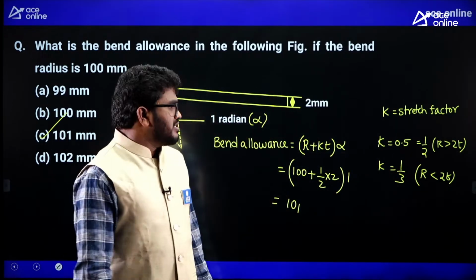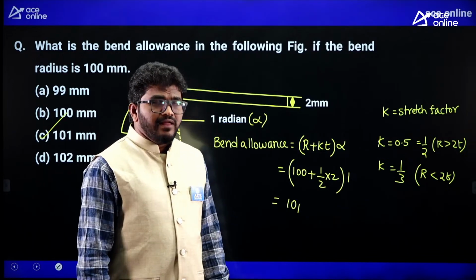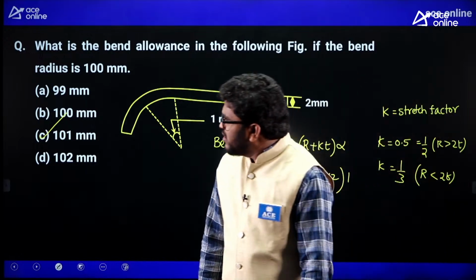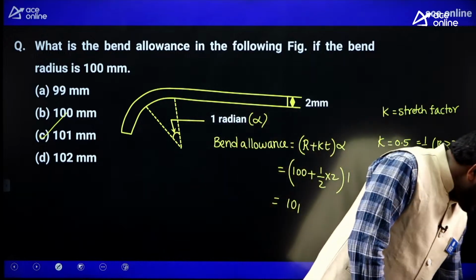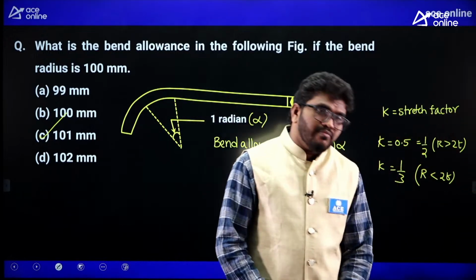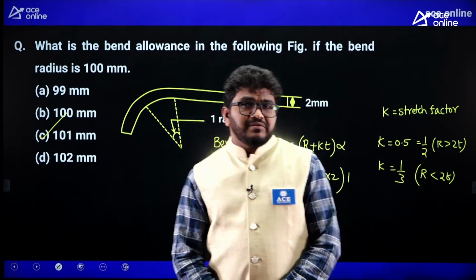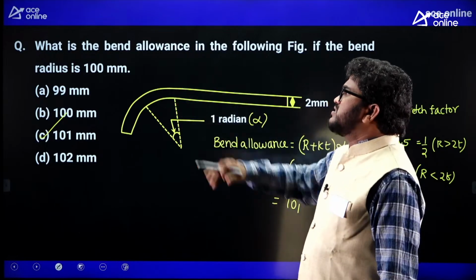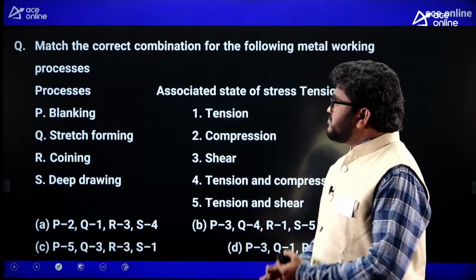This type of questions they'll ask you. One more question I'll discuss, no need to worry regarding this. Okay? 101 you'll get as the answer. Answer is C. Answer is C. You're getting it? So they'll ask you questions from this bending operation, especially calculating bend allowance, or otherwise the energy or force required in the bending operation. Right.